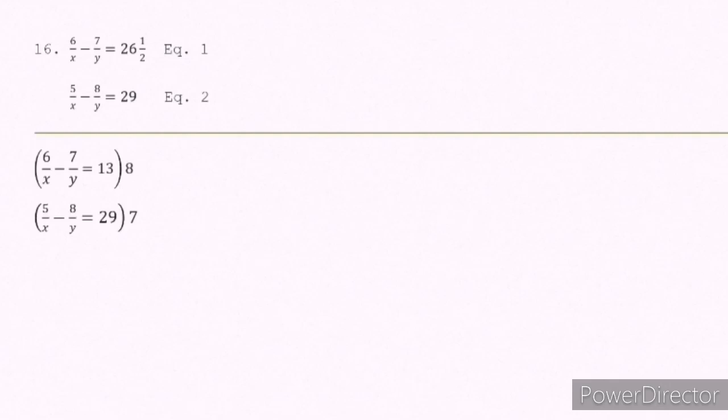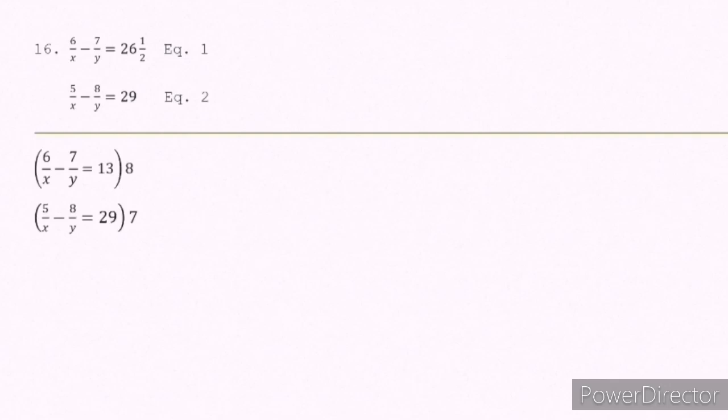Now to solve for x, we will use equation 2 and the value of y. 5 over x minus 8 times quantity negative 83 over 26 is equal to 29. 5 over x plus 332 over 13 is equal to 29.